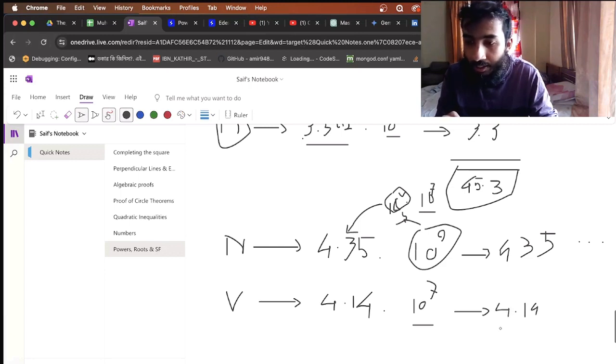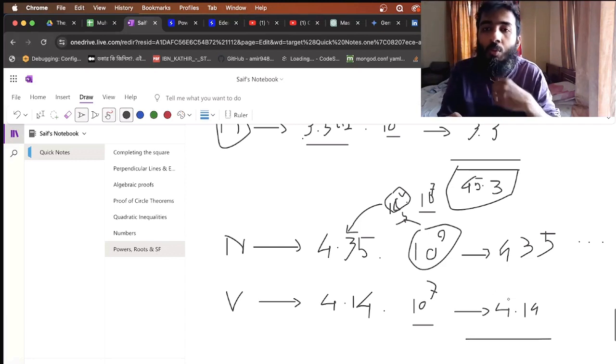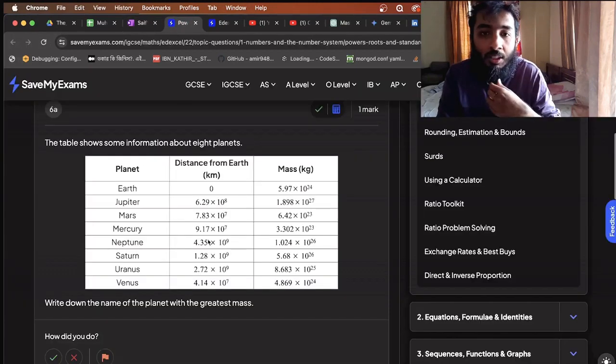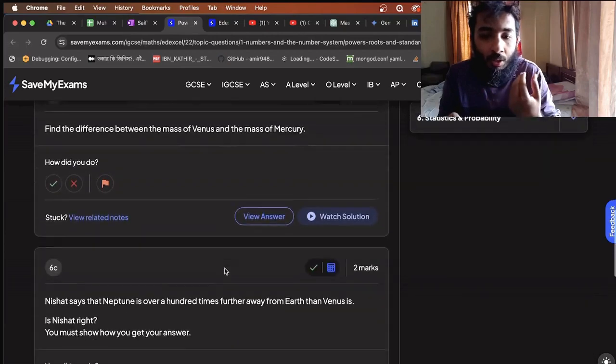So you can clearly see that 435 is over 100 times more than 4.14. So Neptune is more than 100, or almost close to 100 times, farther away from the Earth than Venus is. So Nishat is actually right.